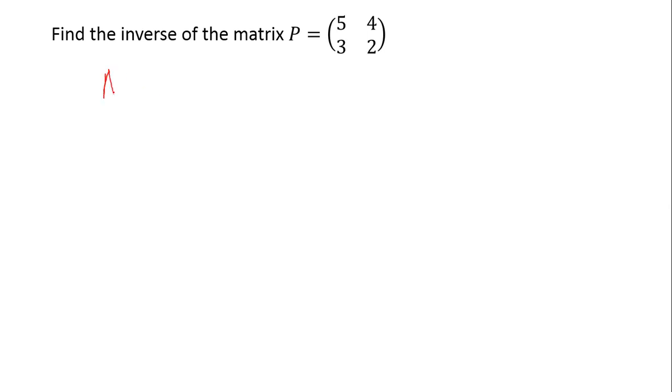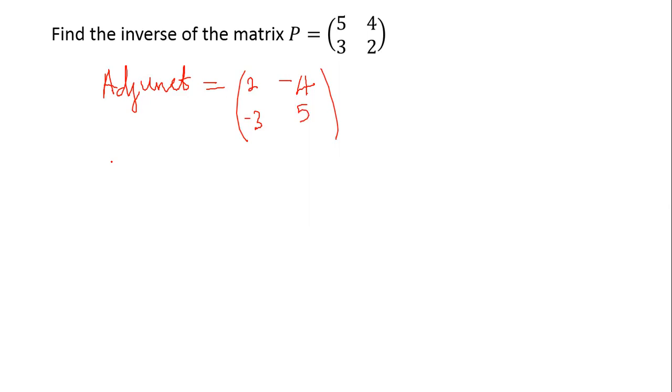Okay, we can begin by finding the adjunct. What is it equal to? 2, minus -4, -3, 5. Right. Thank you.